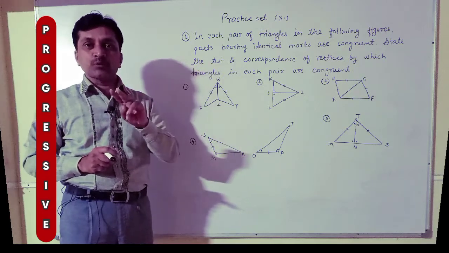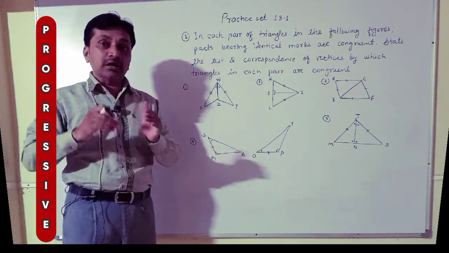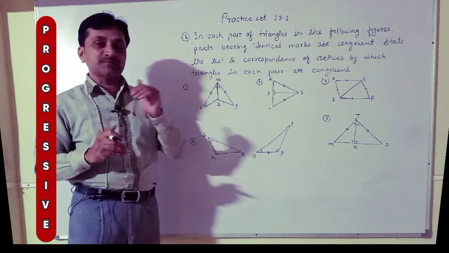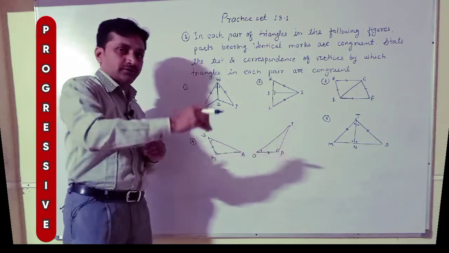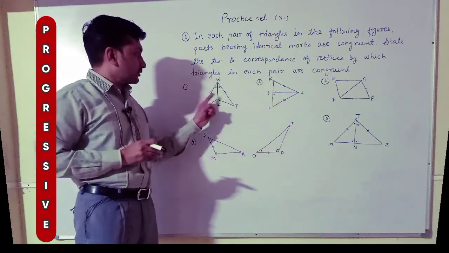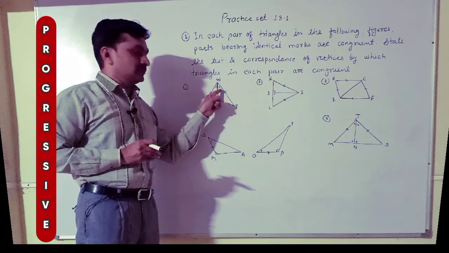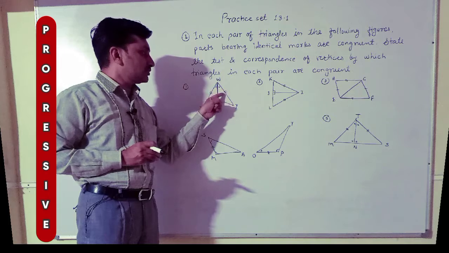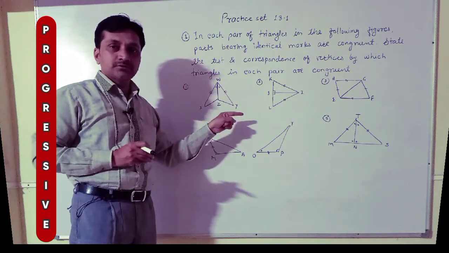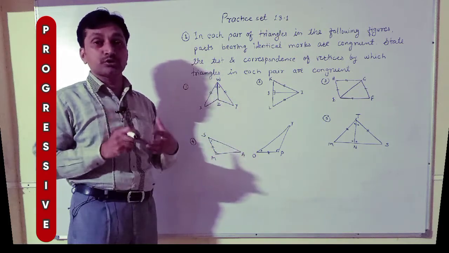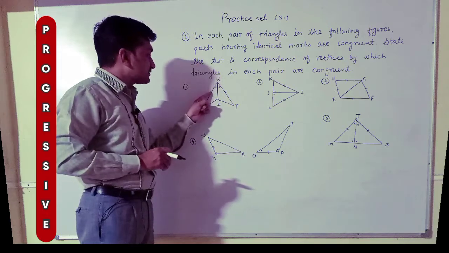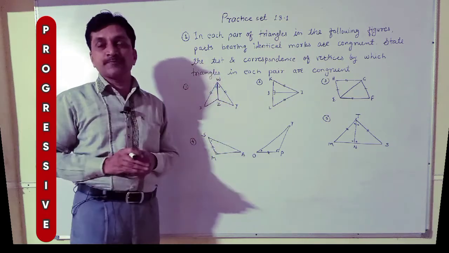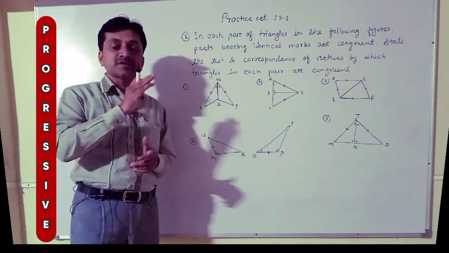If two corresponding sides of one triangle are congruent with corresponding sides of the other, and the included angle of one triangle is congruent with included angle of the other, then these two triangles are congruent by SAS test, means side angle side test.